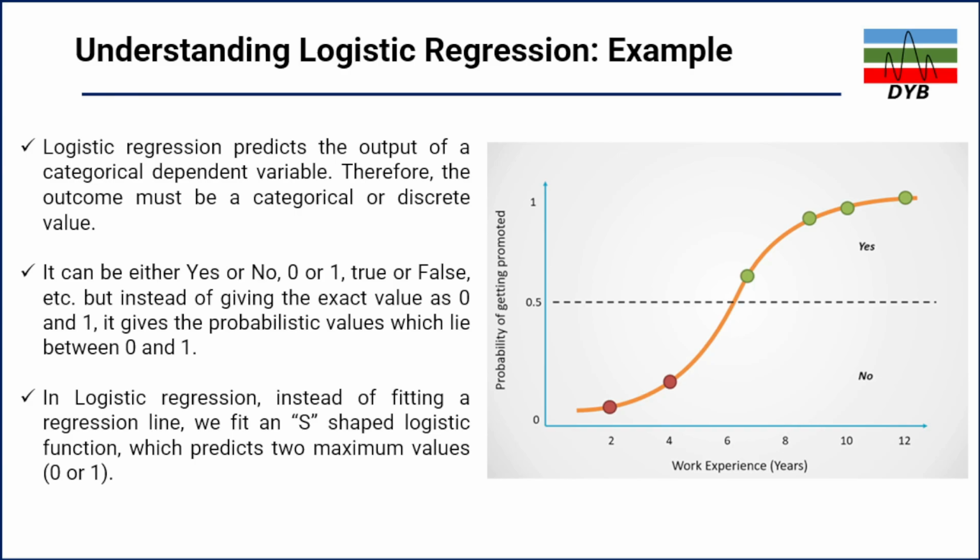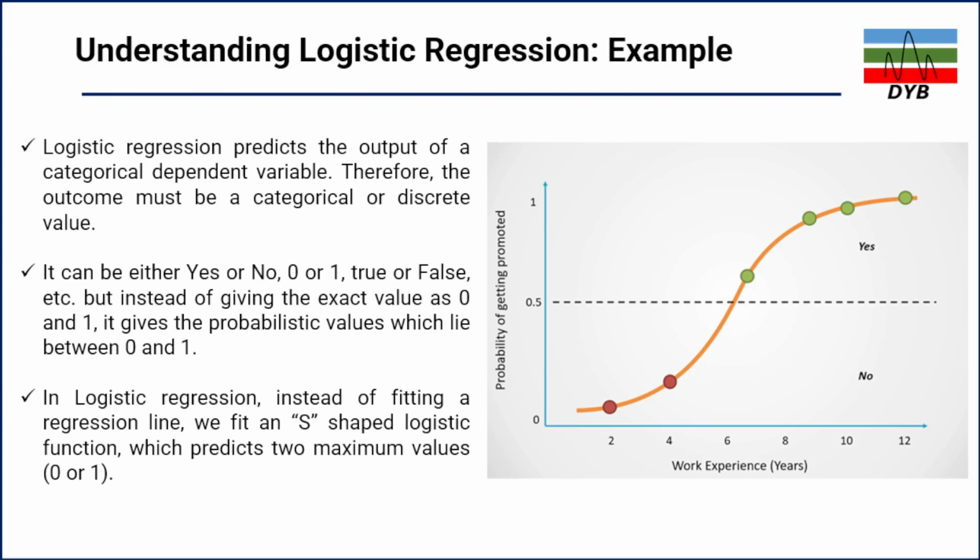When we plot the data, let's say the probability of getting promoted, on the x-axis we have the work experience. In this type of regression analysis, we will have probability values rather than just 0 or 1.